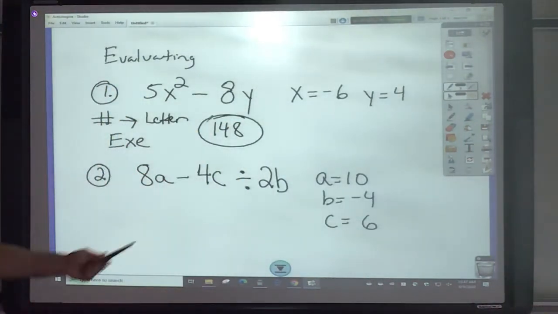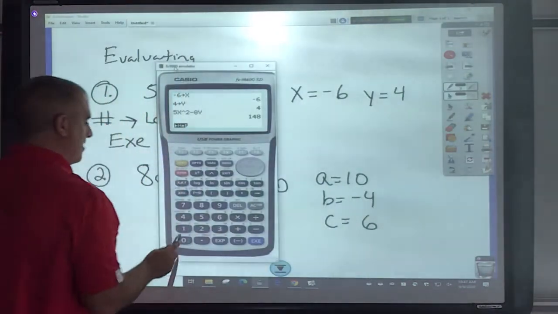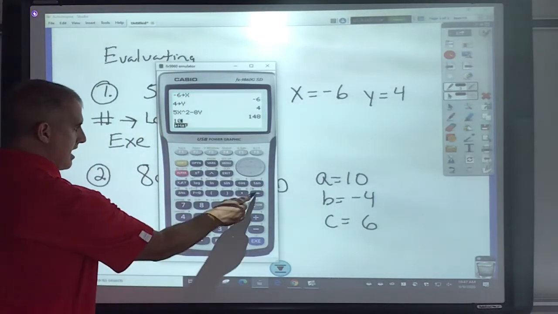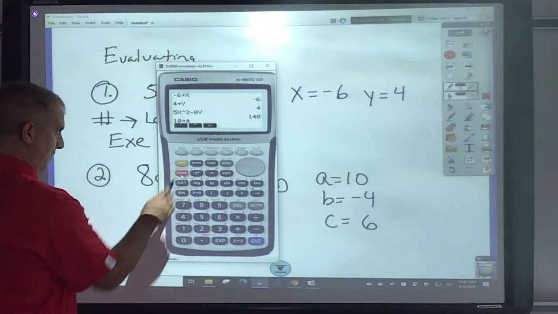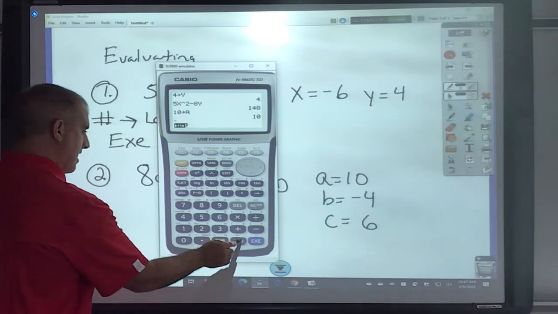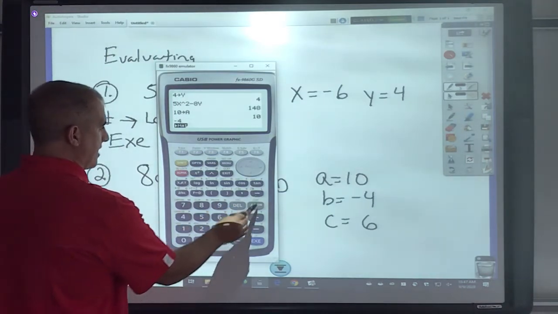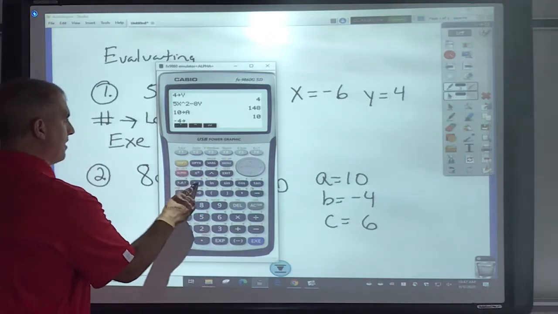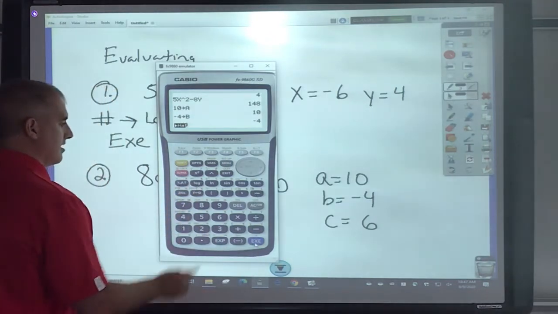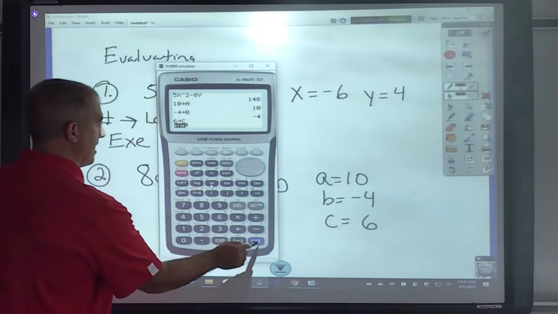Now, you can do 3 numbers. 10, arrow, alpha, A, execute, -4, and make sure you use this sign for negative, arrow, alpha, B, execute, 6, arrow, alpha, C, execute.